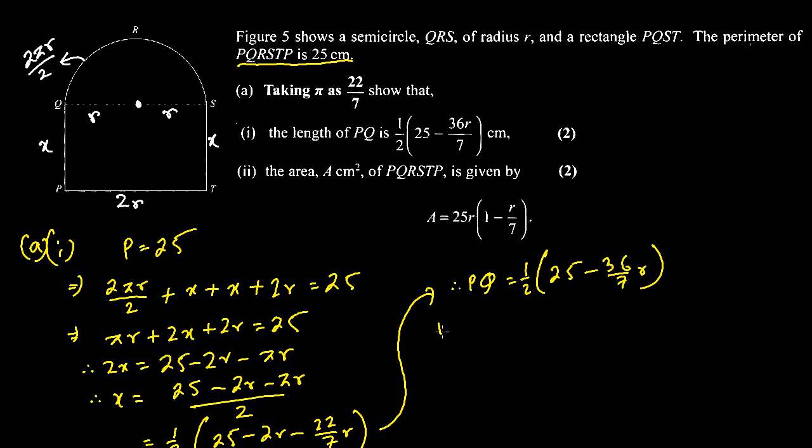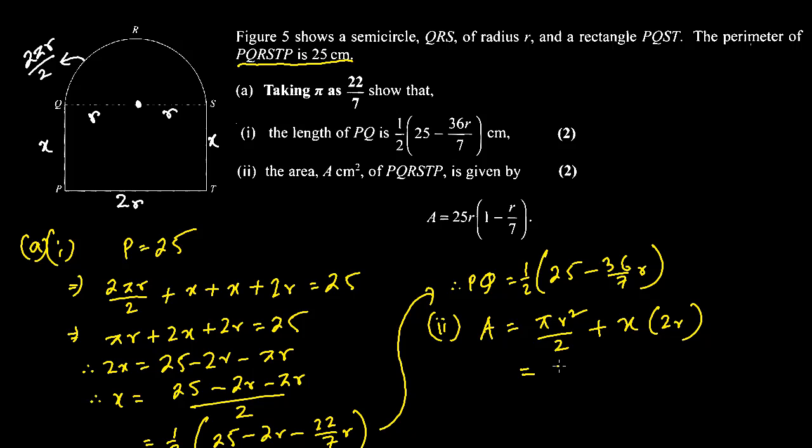So in number 2 here, the area of this region is going to be the area of the semicircle, which is pi r squared divided by 2, plus the area of this rectangle, which is length into breadth. Now the length is x and the breadth is 2r, so we can replace this x with what we found before.